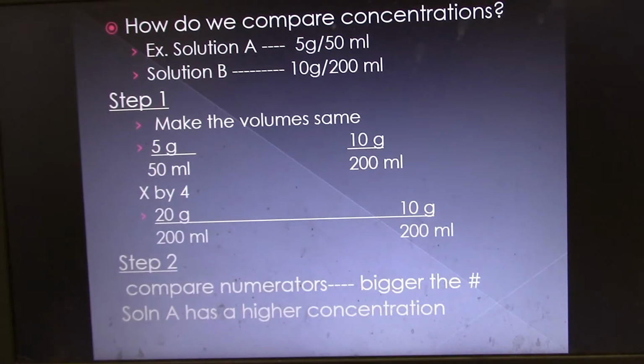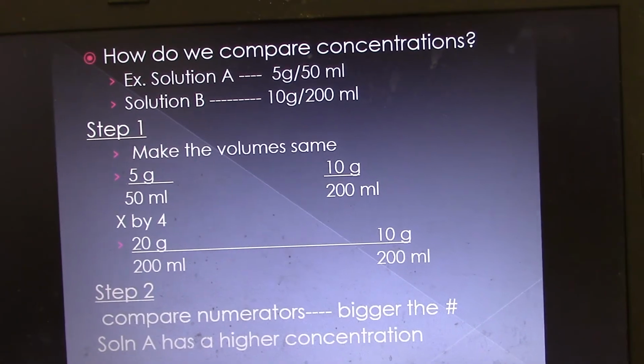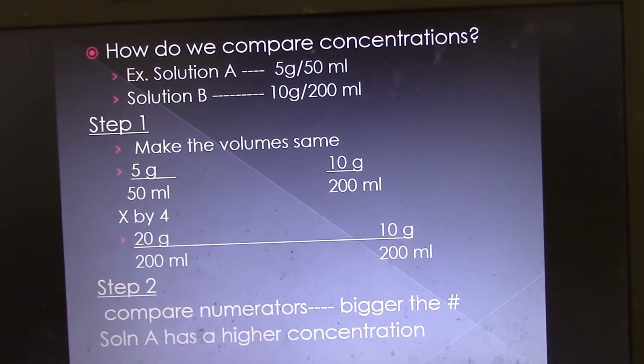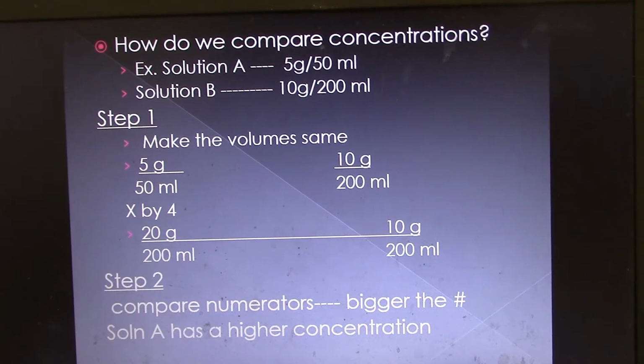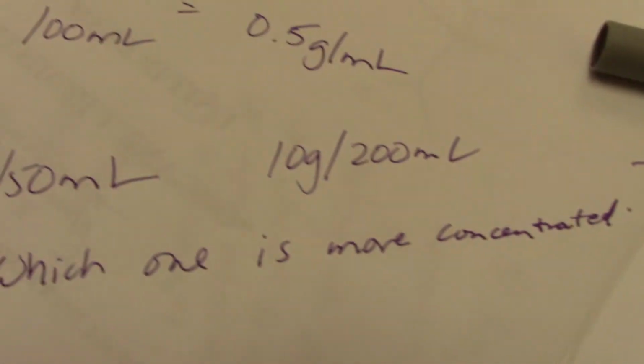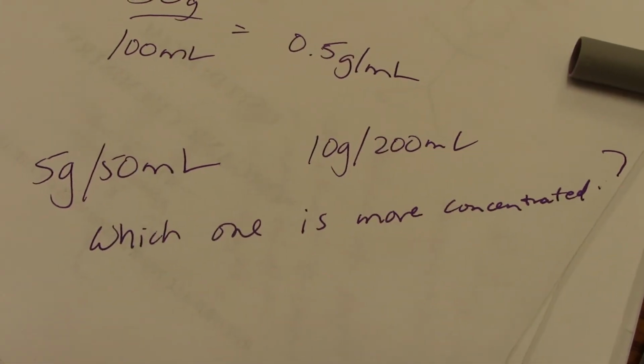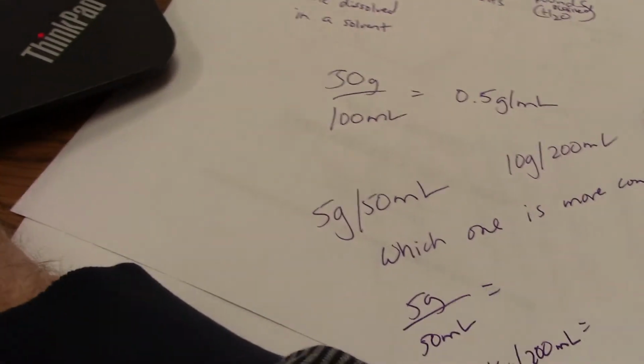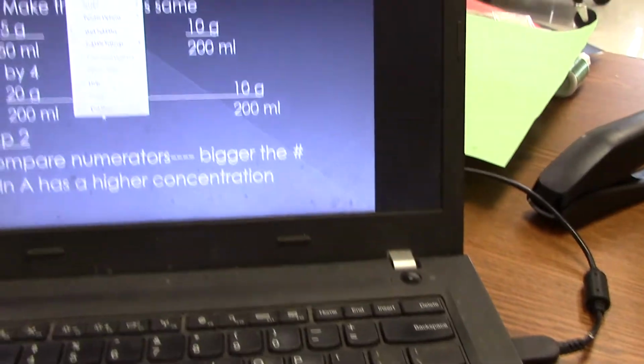The question is, which one is more concentrated? This would be 5 grams divided by 50 mils and 10 grams divided by 200 mils. And we look at which solution is more concentrated. Let's do the math.